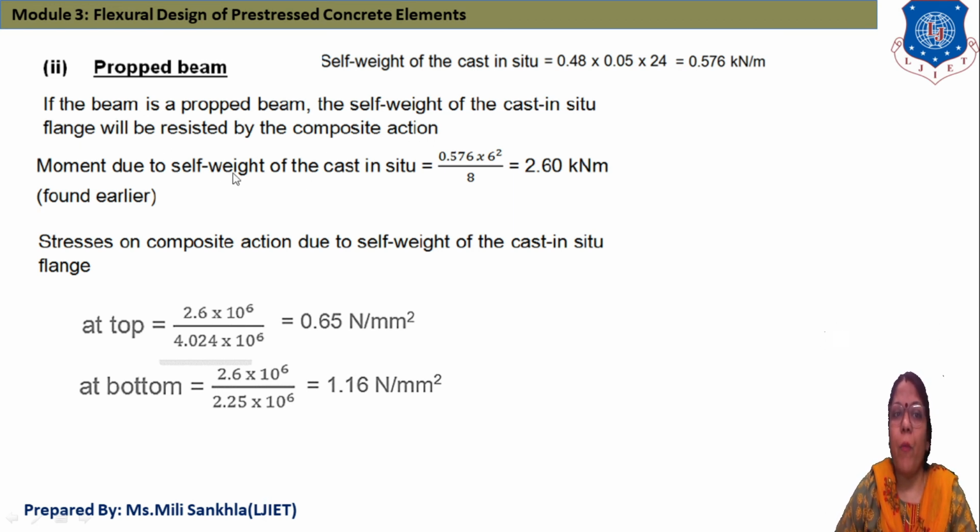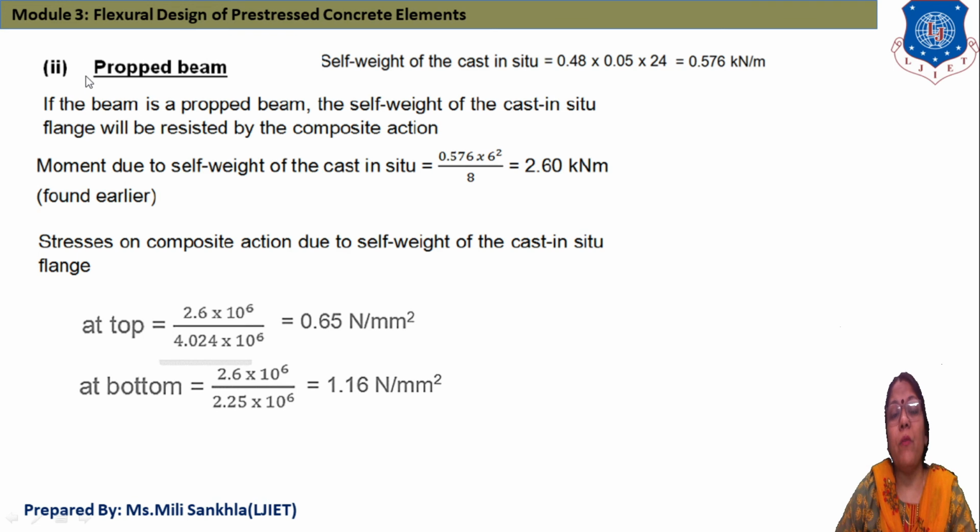Moment due to the self weight of cast in situ is equal to WL square by 8, 2.6 kilonewton meter. And stress on composite action due to self weight of cast in situ flange at top is M by ZT and at bottom M by ZB. That is 0.65 Newton per mm square at top, and at bottom 1.16 Newton per mm square.